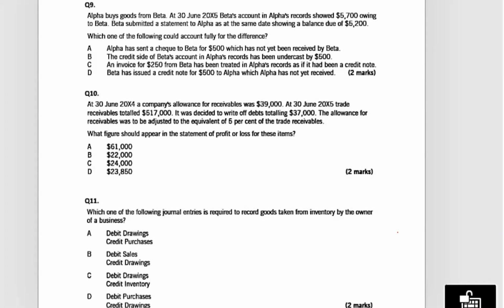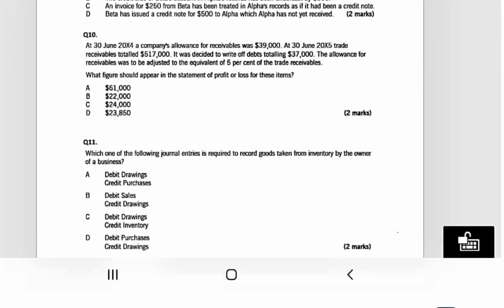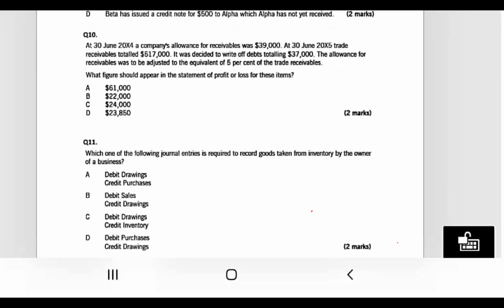C. Why do you say so, sir? You can explain the answer. Why do you choose C? On my side, it's A. Okay, you can begin. Why do you say A?